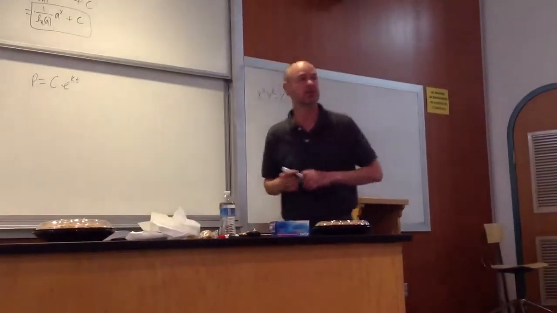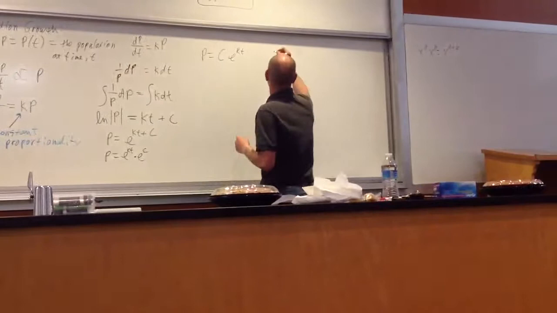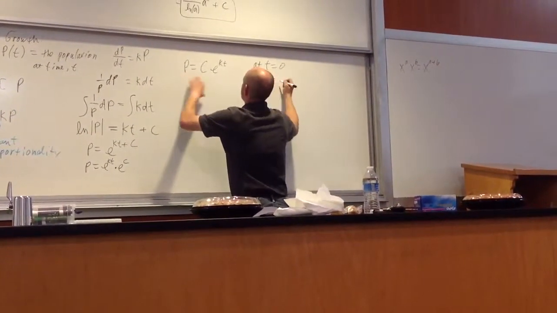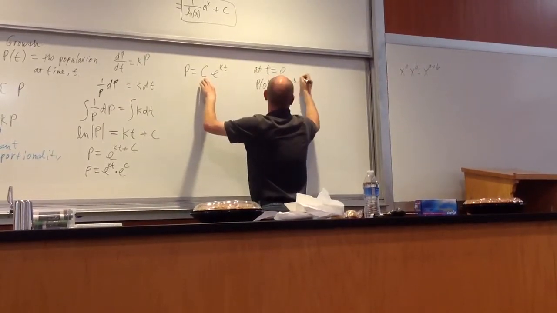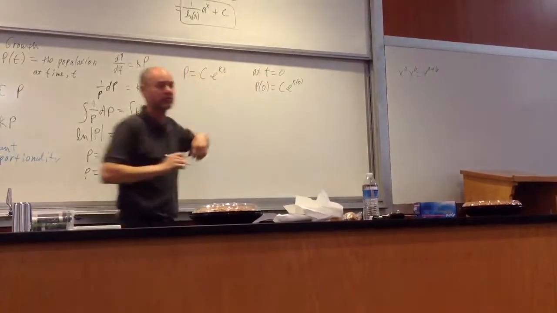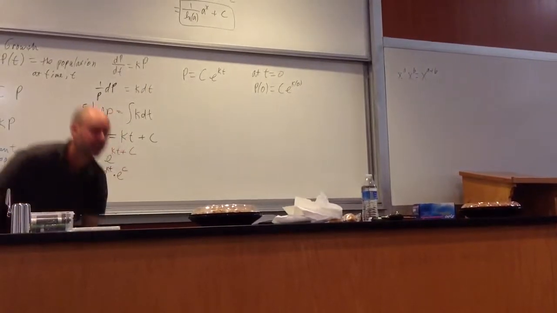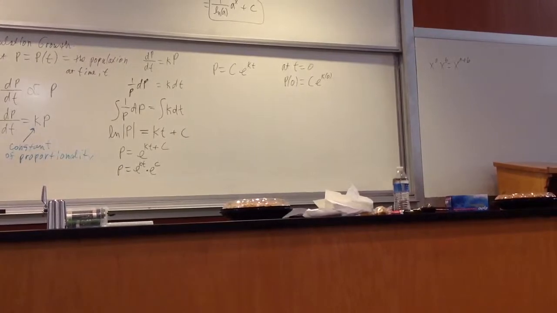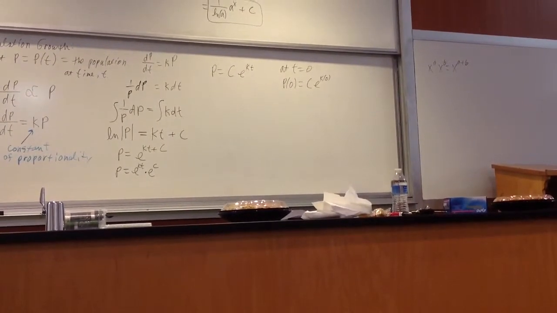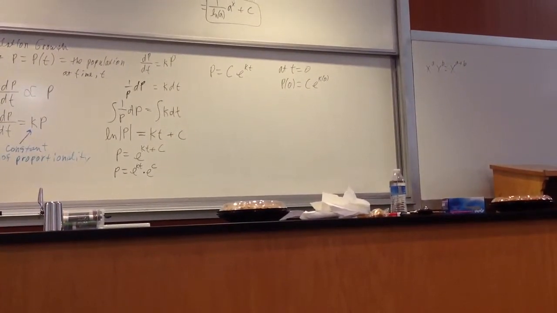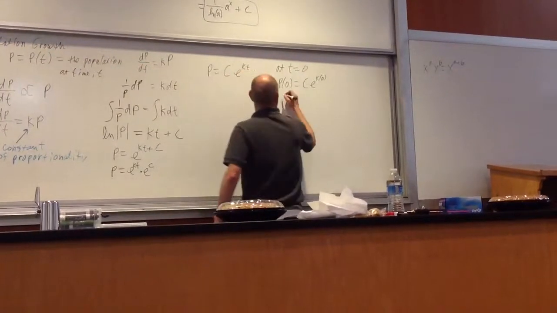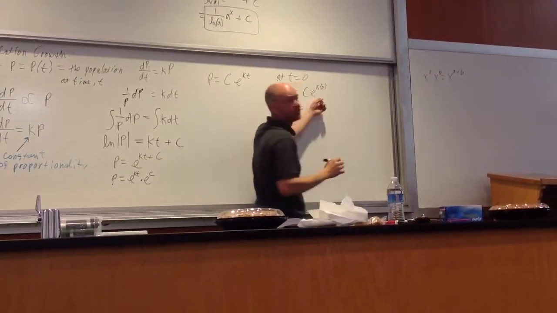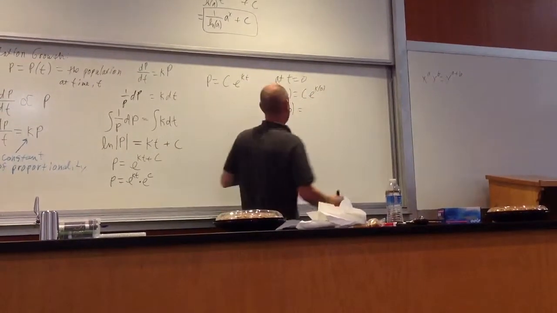So at t equals 0, P of 0 is going to equal C e raised to the k times 0 power. At time 0, we are agreeing that that is our initial population. What's e to the 0 power again? 1.